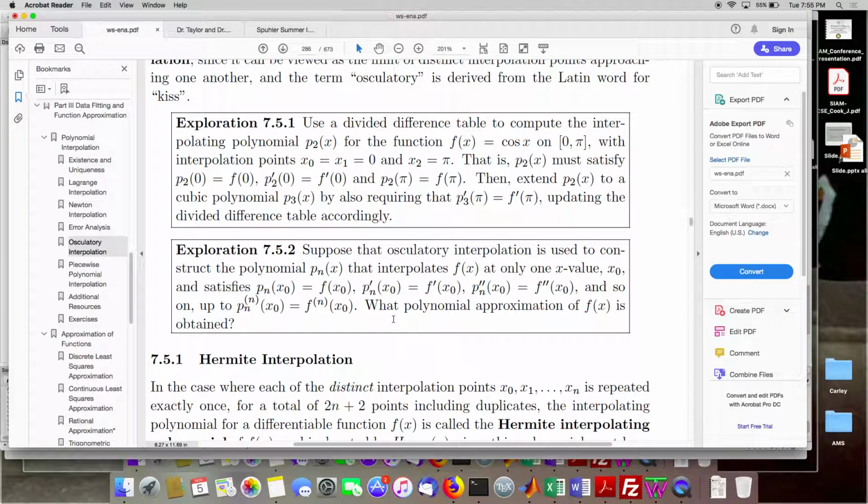What I would suggest for that one is if you work out an example, let's say n equal 2 or 3. Write out the divided difference table. So you'd have all f of x naught, that first column.